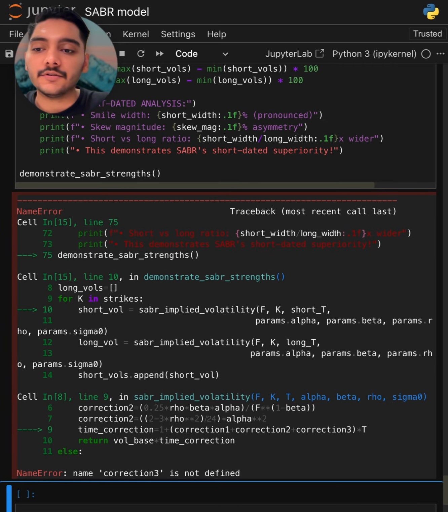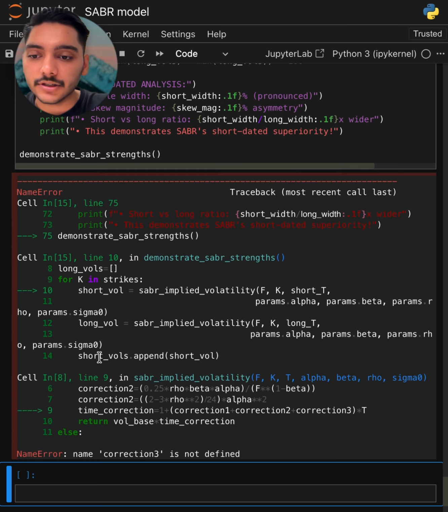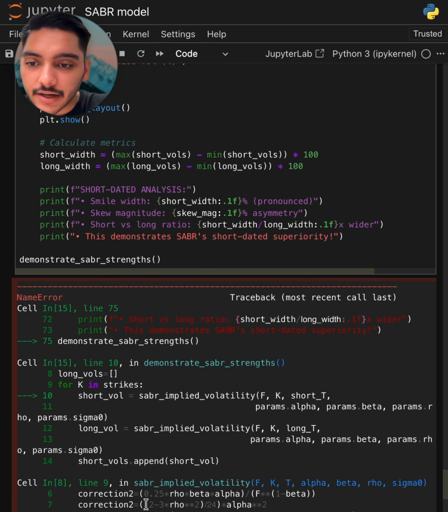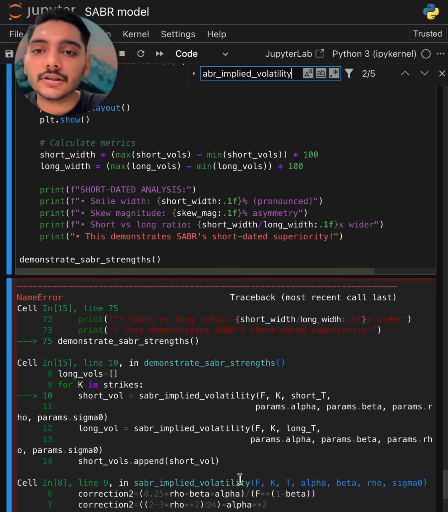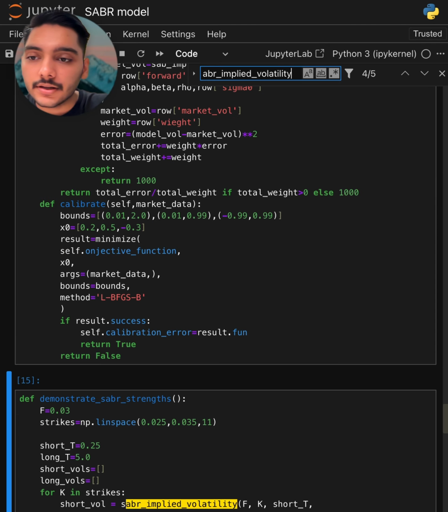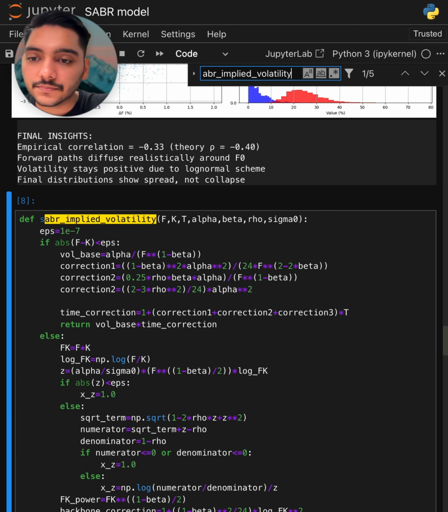So let me run that portion. The error is a name error: correction 3 is not defined. So let me find the correction 3 we have defined above. I think I've committed an error in this function, so let me move to this function and check the error I have committed.